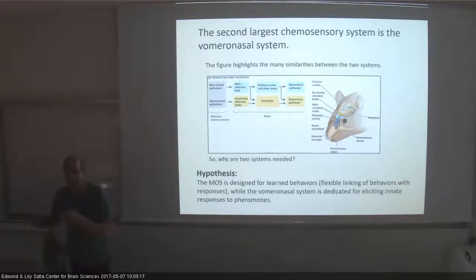Okay. Is it only a rodent system? No. It's not a rodent system. I have a slide towards the end, which we probably won't reach, showing the evolution of the sensory neurons and the sensory organ. It's not just a rodent system. Most vertebrates actually have the system. Okay, not just mammals.